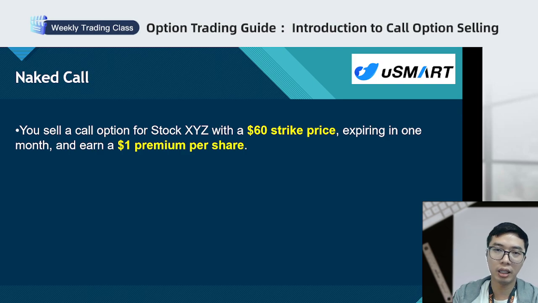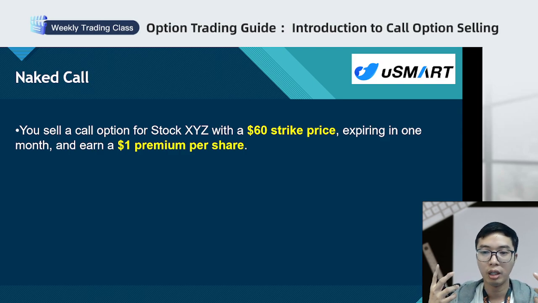So let us go back again, and this time I will give an example for you to have a better understanding and memory of it. First, you sell a call option on XYZ, any name, with a $60 strike price, expiring in 1 month, and earn a $1 premium per share.